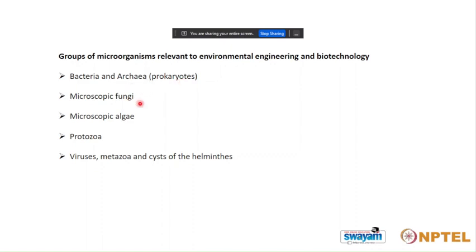Then other than that, there are eukaryotic organisms, which include microscopic fungi, microscopic algae, protozoa, and viruses, metazoa, and cysts of helminths. We'll be studying in detail about all these organisms in the upcoming slides.